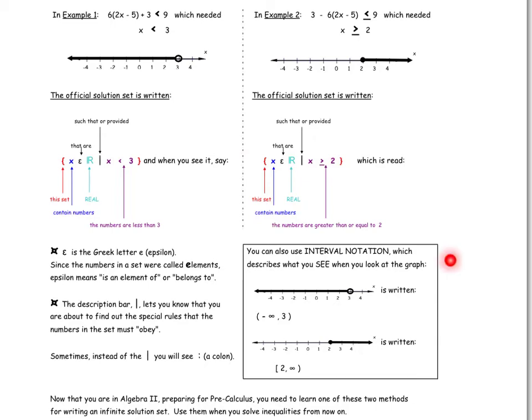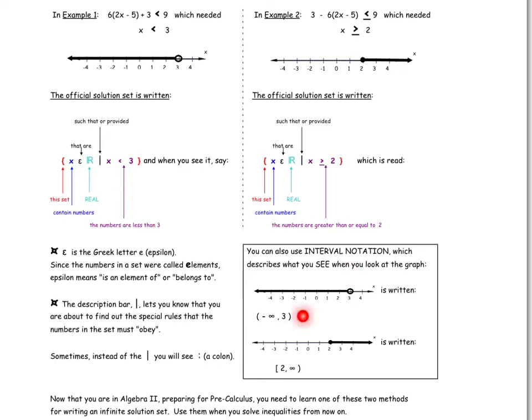Another popular form of writing solution sets, which is more college than high school, although you will sometimes see it in high school books, is called interval notation. It describes what you see when you look at the graph. So this graph starts at negative infinity, so to speak, and goes until 3 and stops.